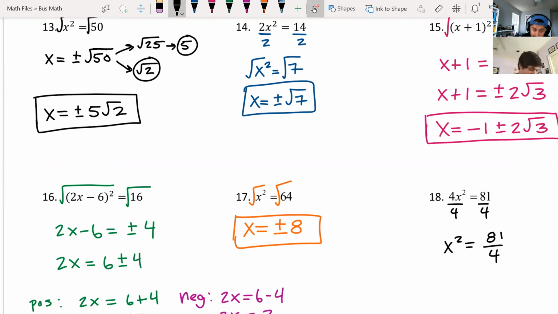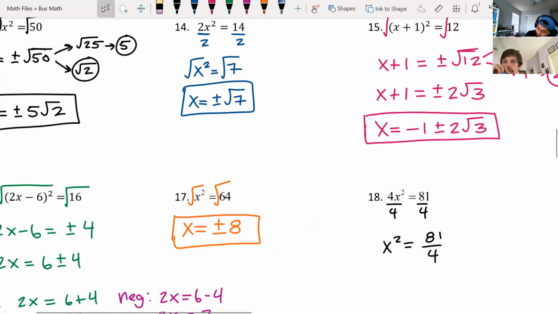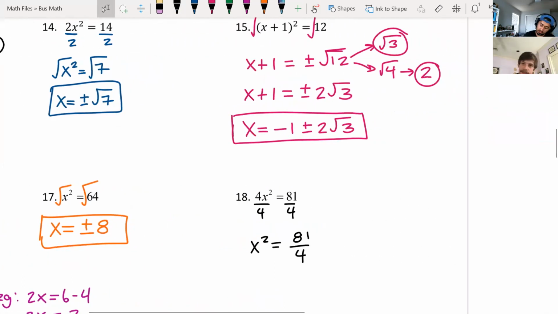Oh, good. No, it's good to ask those questions. Okay. So 18, we divide by 4 to get x by itself. And now you get 81 over 4, which I don't think goes evenly. So we're going to leave it as 81 over 4.